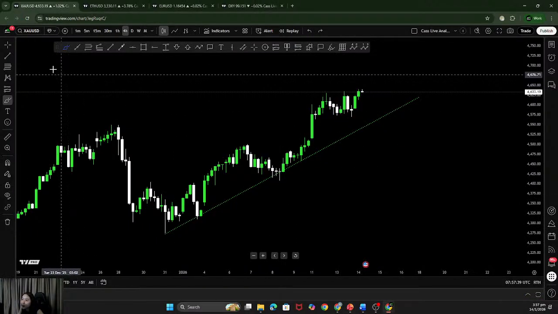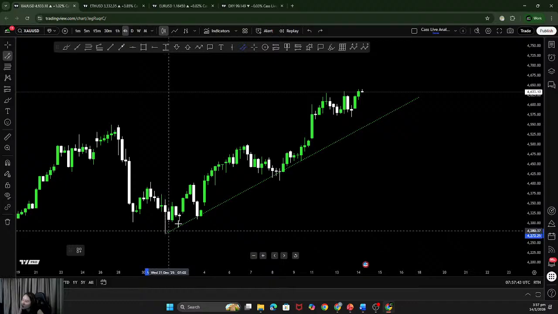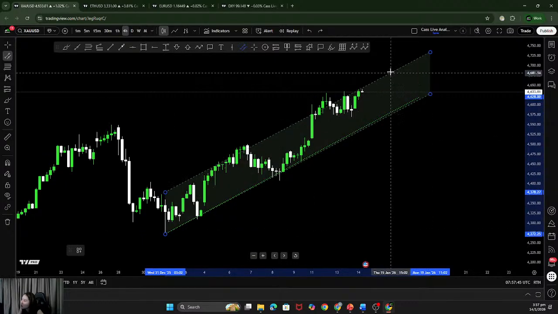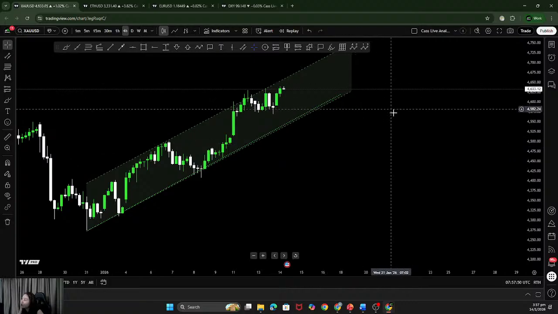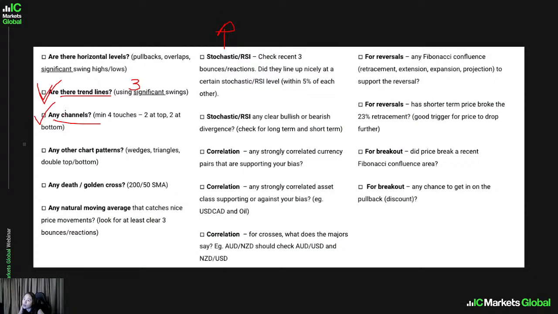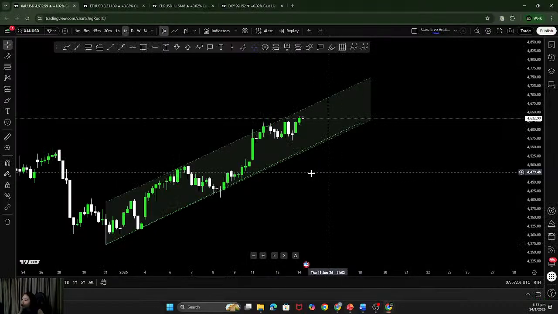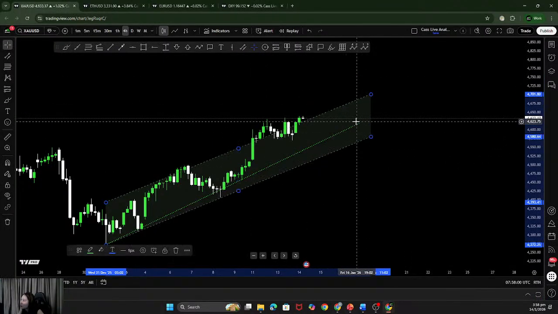Do I want to try pulling out a channel? Sure, why not? Even a channel would work. Okay, so if I did not want to use just this trend line, both a channel and a trend line would work. I guess we can use the channel.